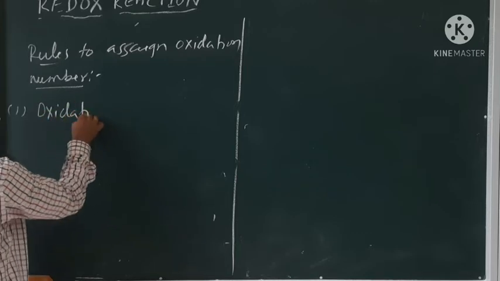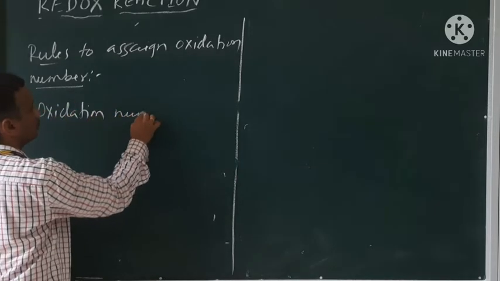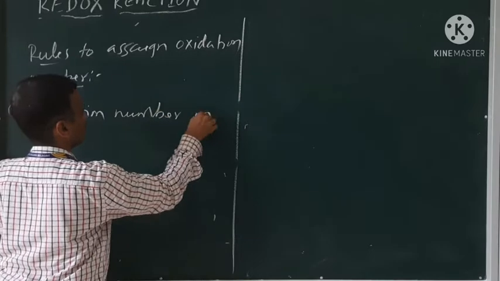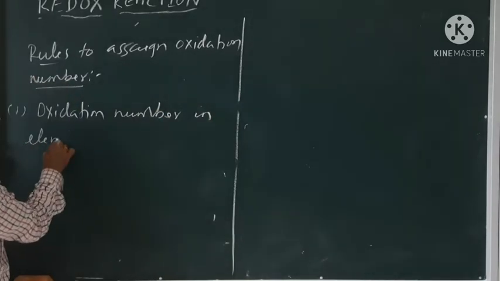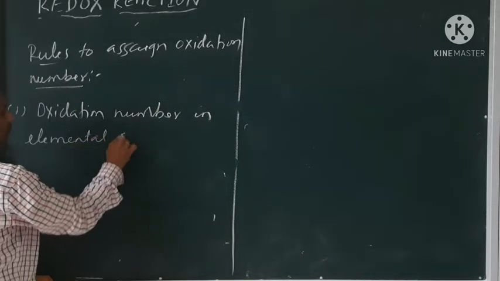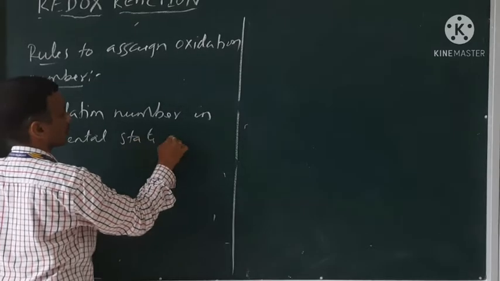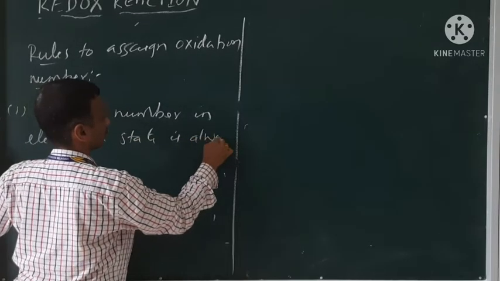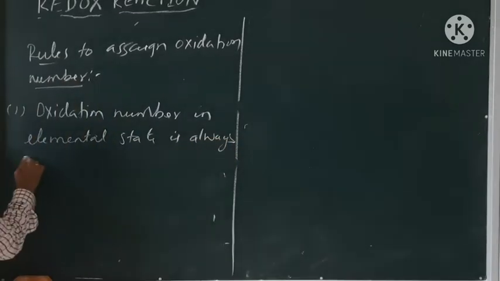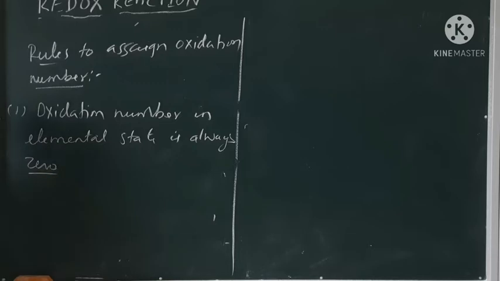Oxidation number in the elemental state is always 0. Note this properly.